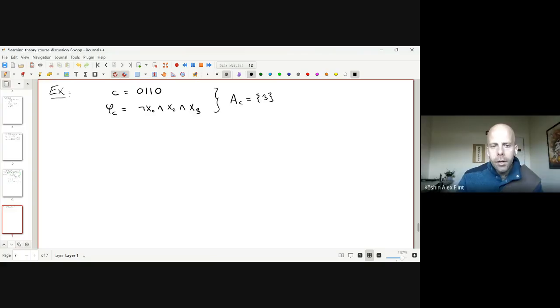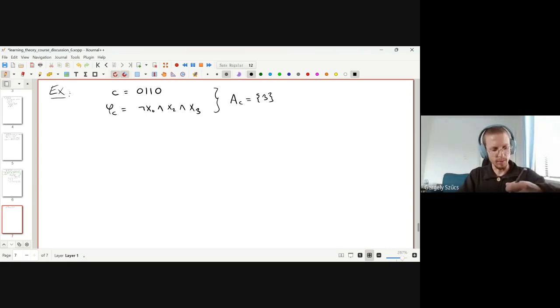And so then, Gerge, why is AC 3 in this case? Yeah, so basically the way AC was picked out in Ohad's solution is that we look at the literals that appear in the corresponding phi C, and we chose phi C so that phi C of C is false. So that means at least one of those has to be evaluating to false, and in this case it's just the third one, because the third one is 0, and the other two are in this example true.